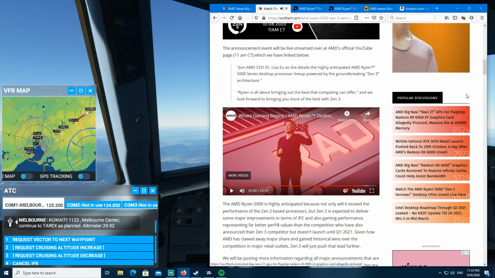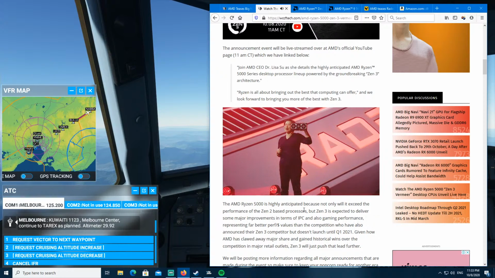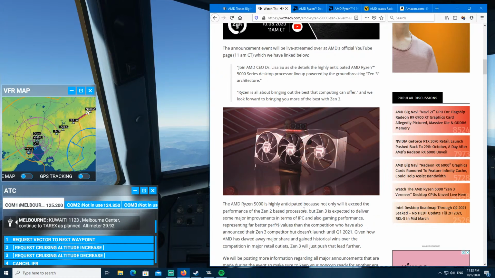Big Navi. These were the leaks. They came out before, about it's going to be called Radeon RX 6900 XT. She just said the 6000 series, and she says it's going to be revealed around October 28th, I think. Absolutely gorgeous, and by far the most powerful gaming GPU we have ever built.